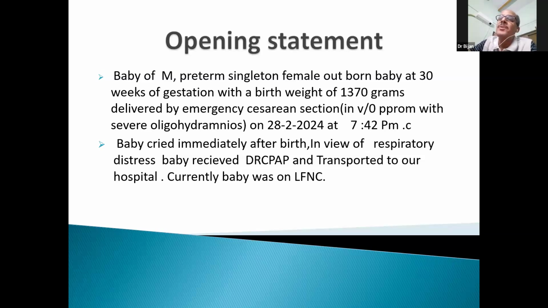From CPAP, my question: why did you go to invasive ventilation? This baby could have been given NIV also. Because NIV is a bridge between CPAP and invasive mechanical ventilation. So is there any reason you felt that the baby will not tolerate NIV, or you could have given a trial of non-invasive ventilation?